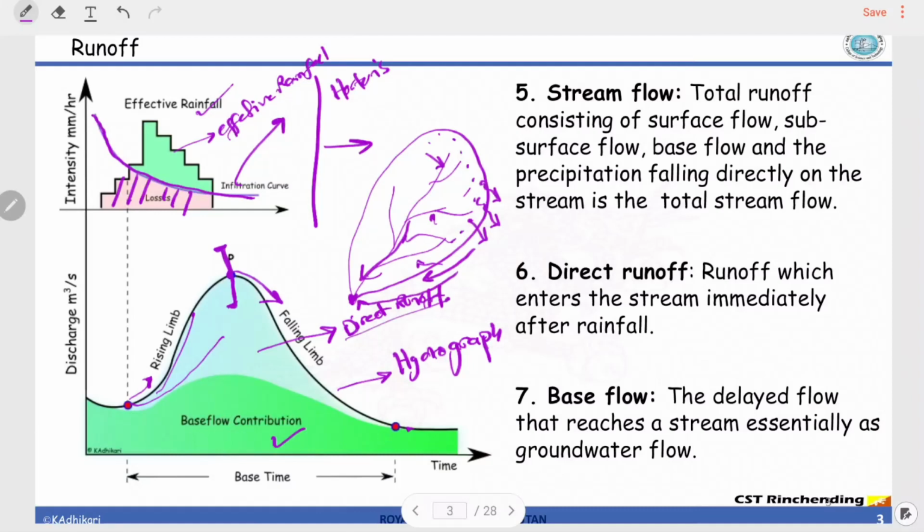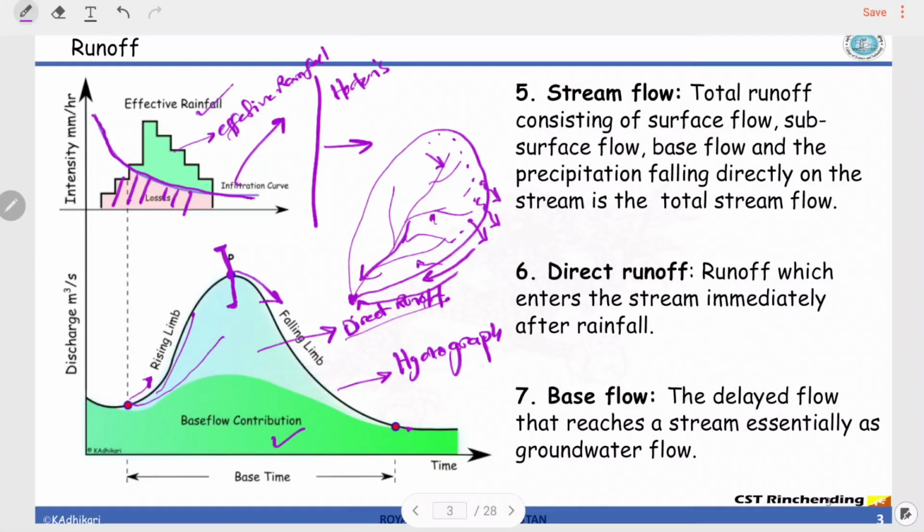Base flow is the portion of runoff that is not through the surface, but instead it is the groundwater that is contributing the flow. Direct runoff is the part of runoff that is seen on the surface, flowing over the surface and directly contributing to the channel outlet. So these are a few terminologies that we must understand here.